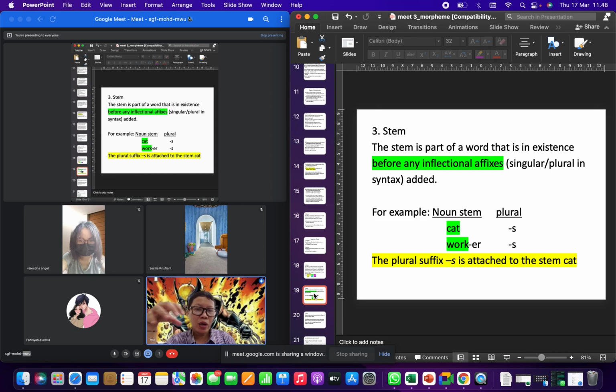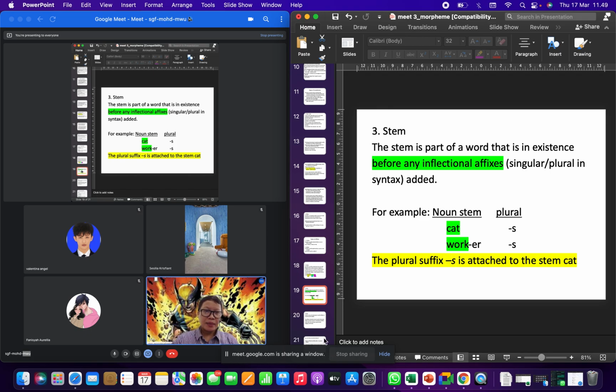Now, if we talk about the stem, we talk about the part of the word that is in existence before any inflectional affixes are added. It could be singular or it could be plural if you see it in its syntax. So before it has the inflectional affix, it is stem.